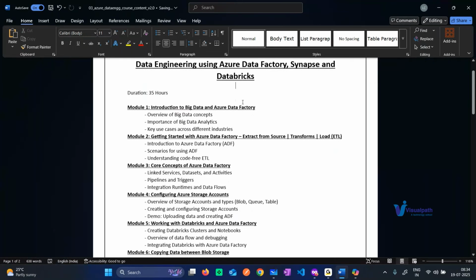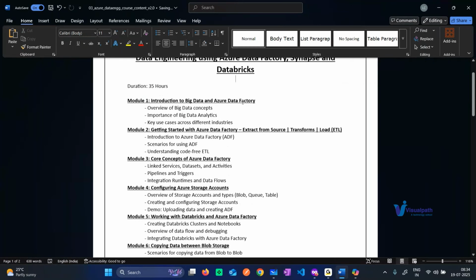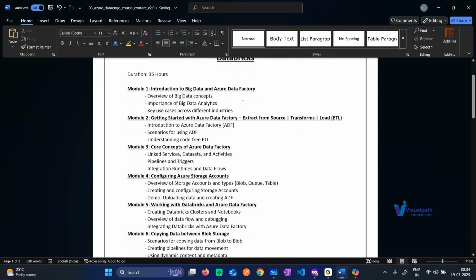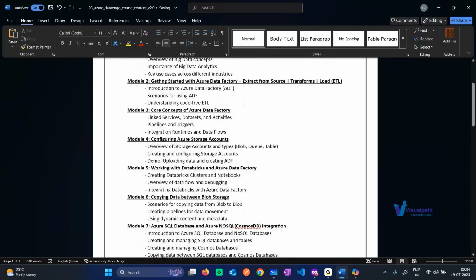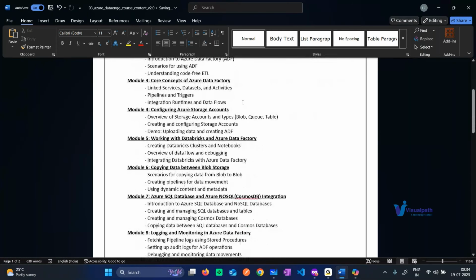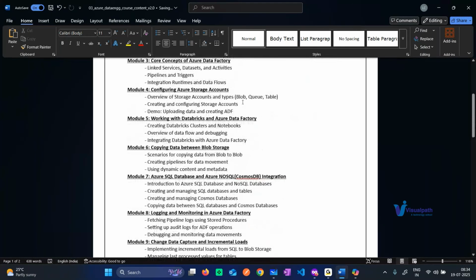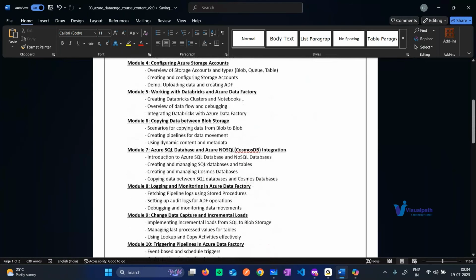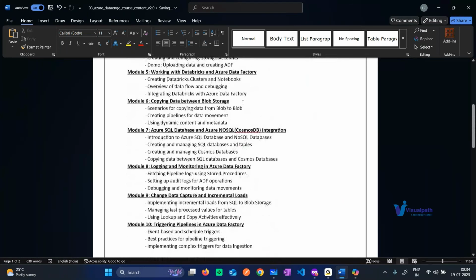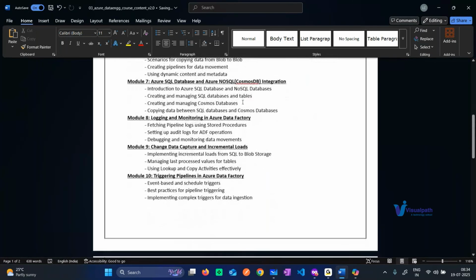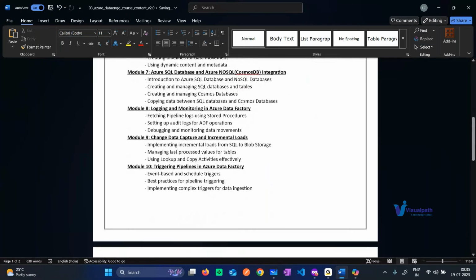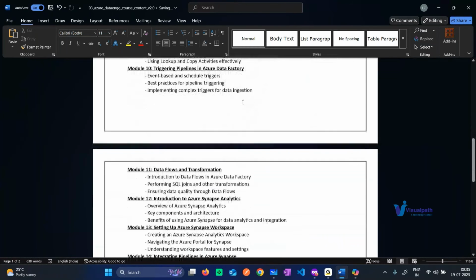If you look at it by modules, the introduction starts with Data Factory. You'll be learning concepts around Data Factory and working with Data Factory. You'll start handling pipelines with sources like SQL and NoSQL databases, logging and monitoring for the changes that you see, pipelines getting triggered, and transformations.